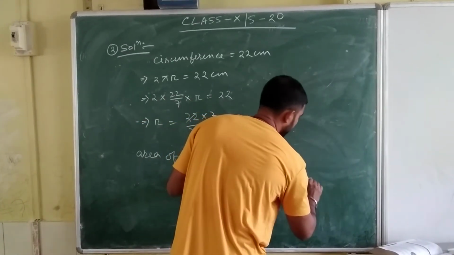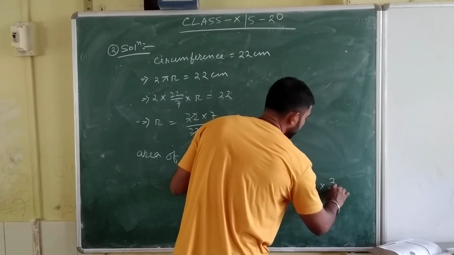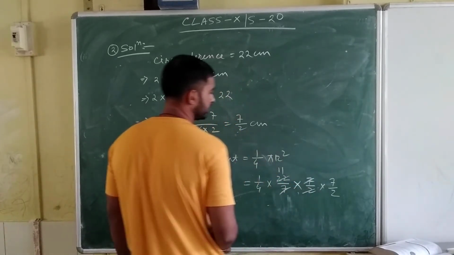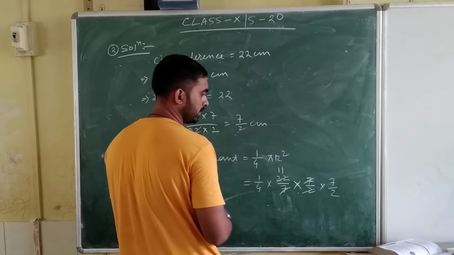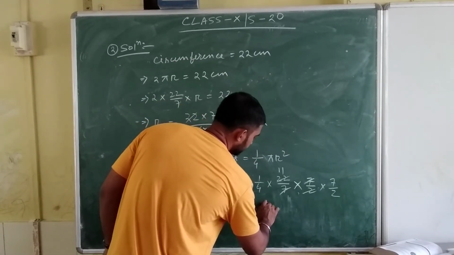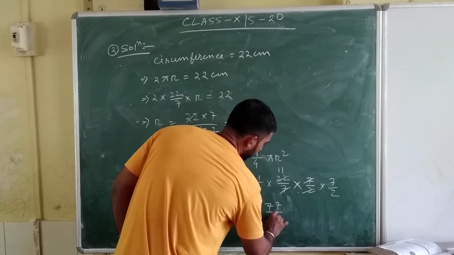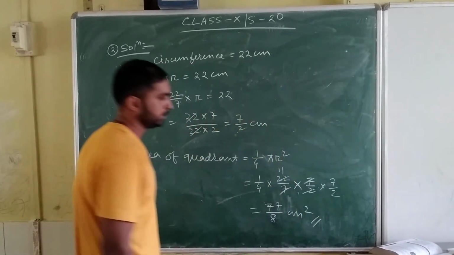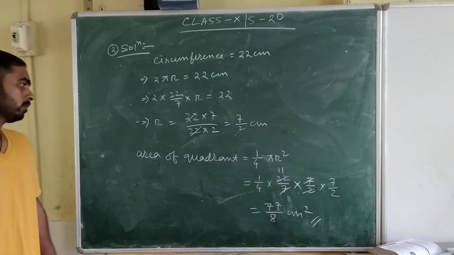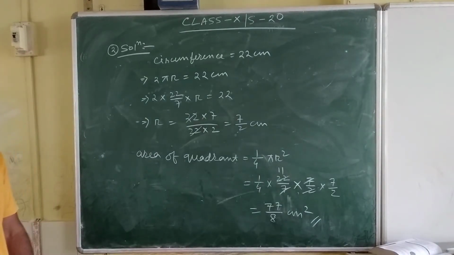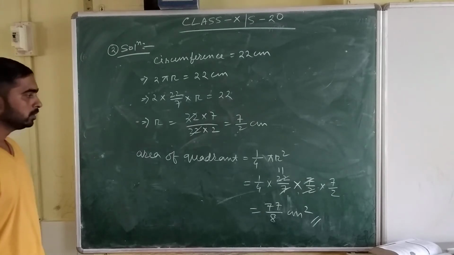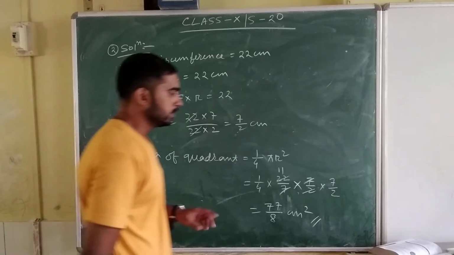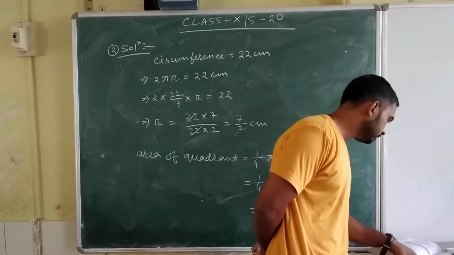So 7 by 2 into 7 by 2. This one 2 11, this one 7, cancel. Yes, 77 by 8 square centimeter. So this is the area of the quadrant. 1/4 pi r square, replace the value, we got the answer 77 by 8 square centimeter. Got it?